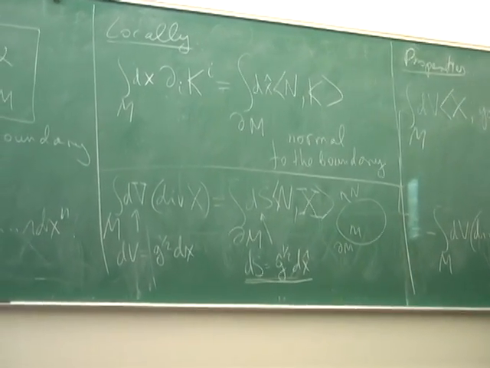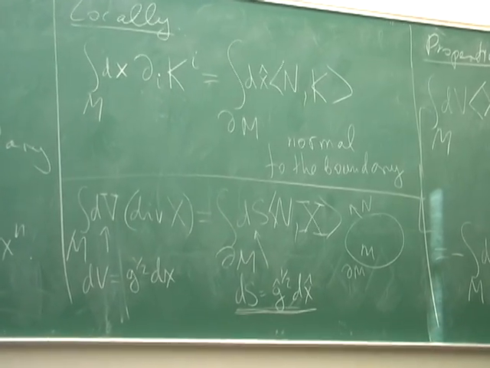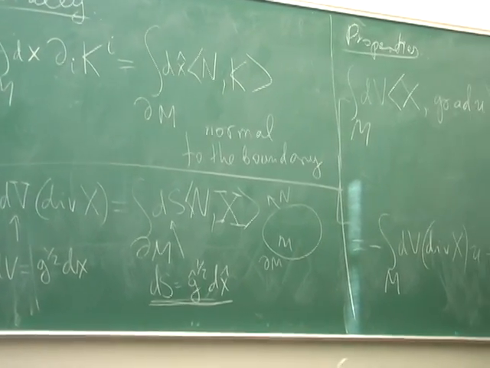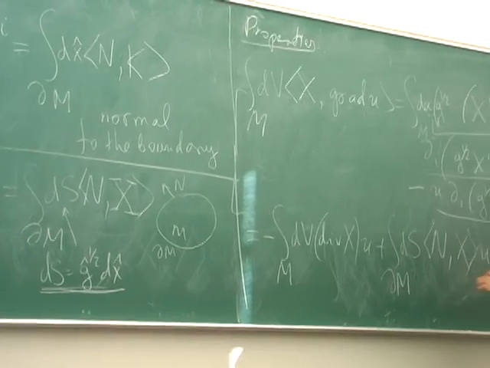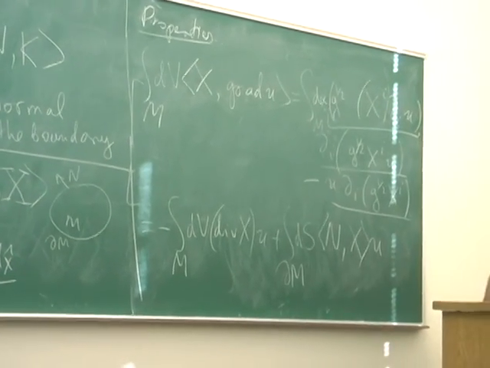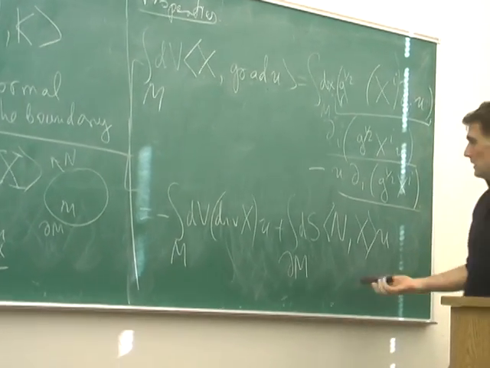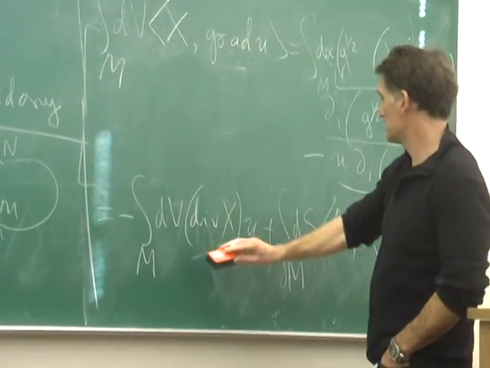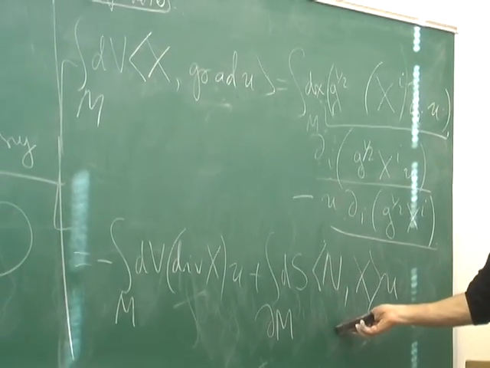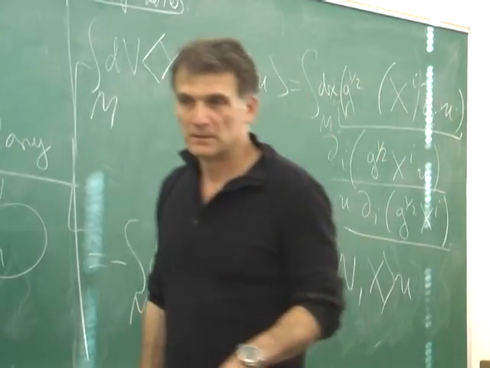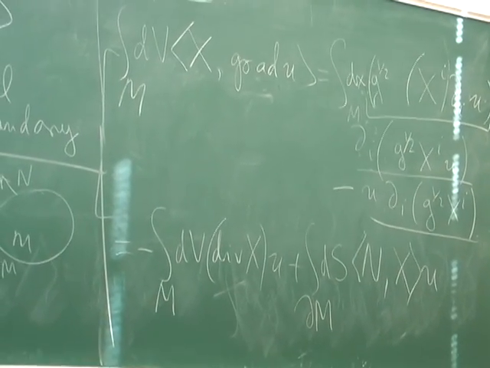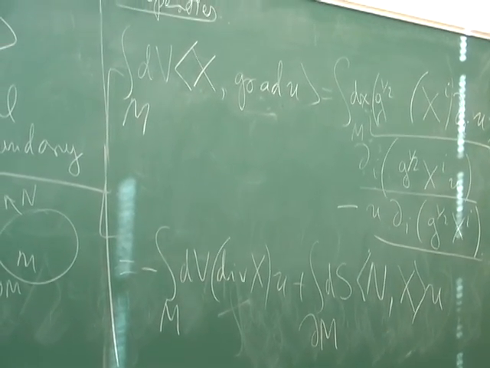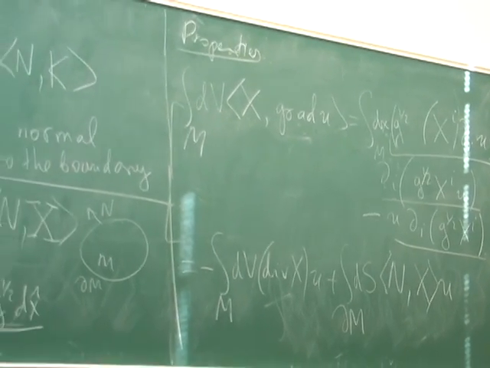Because you need to know the normal. And then, if you take this plus this, that will give you that boundary term. Okay, that is it in terms of divergence.